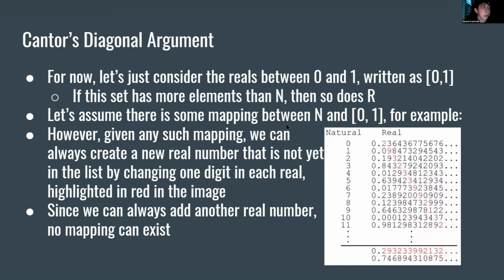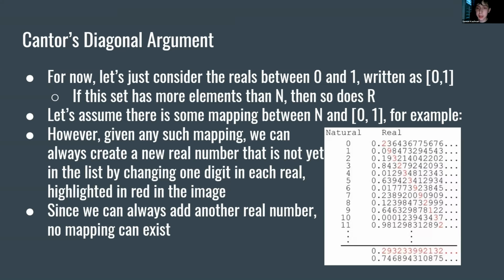So for simplicity, we're just going to talk about the real numbers between 0 and 1. Because if this set, the real numbers between 0 and 1, has more elements than N, then the real numbers will also have more elements than N. So by doing this one case, we can talk about all of the real numbers.